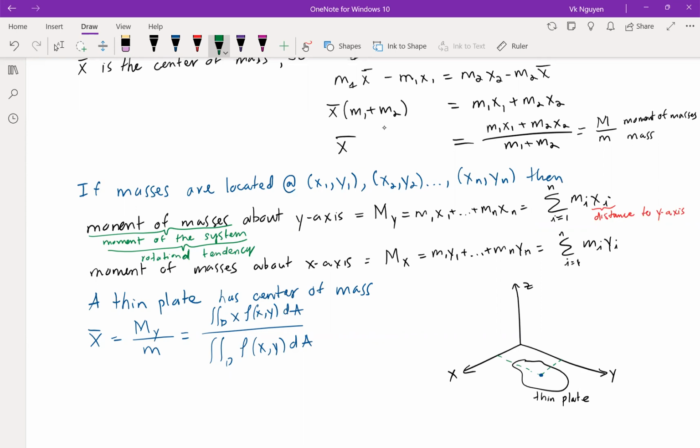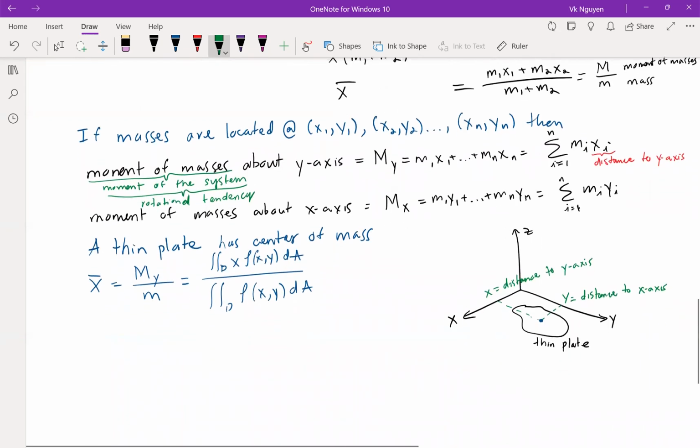Okay. x, y. Everybody see this? That's why you have this formula.